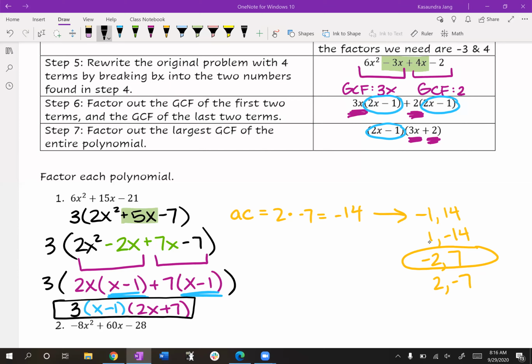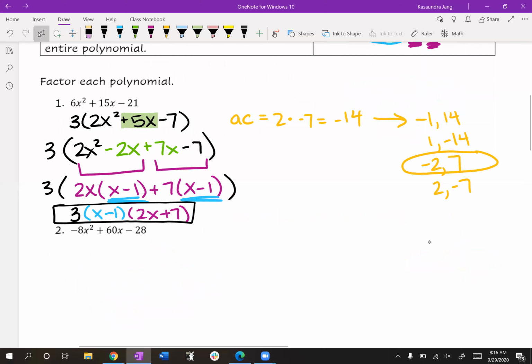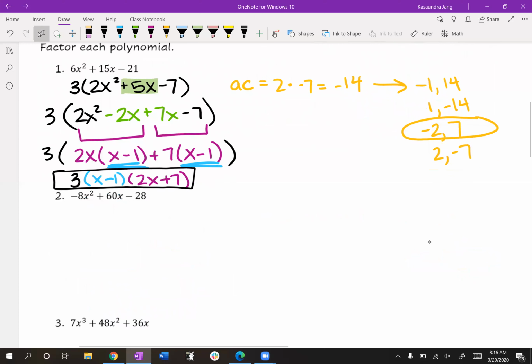Okay, so then let's have you guys work on number 2. I still start with the GCF like we did yesterday. But then I pick it up with the steps that we had in that chart. So go with number 2 here, and then we'll see what we got.